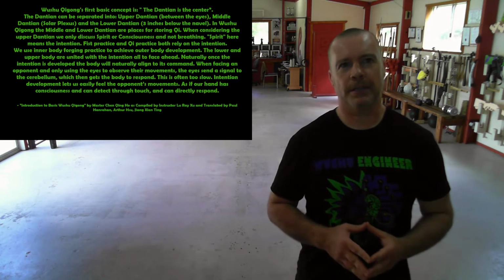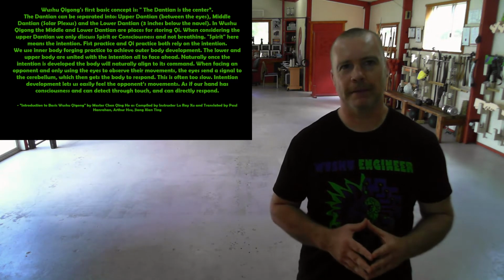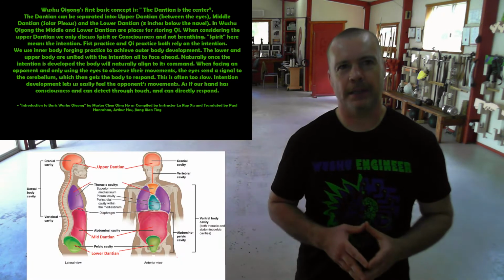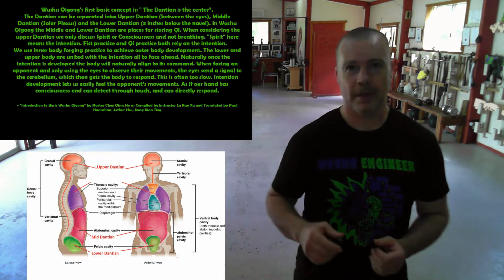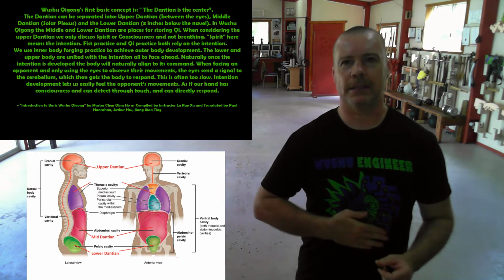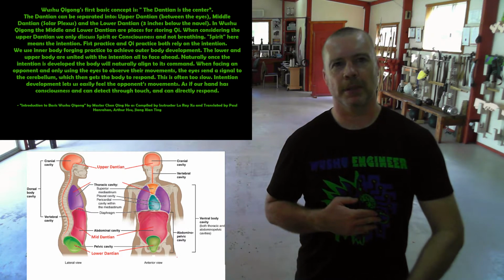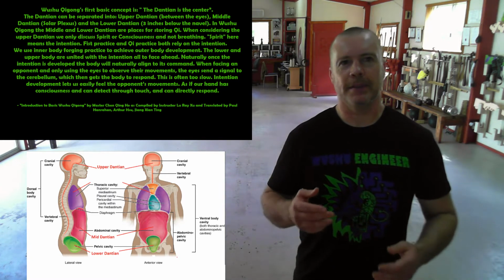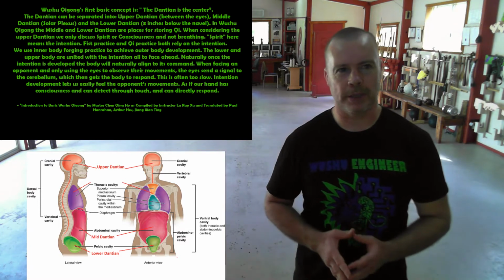So, to get to the quote, Wushu Qigong's first basic concept, and this is Master Chen speaking, is the Dantian is center. The Dantian can be separated into upper Dantian, between the eyes, middle Dantian, solar plexus, and the lower Dantian, which is roughly 3 inches below the navel. In Wushu Qigong, the middle and the lower Dantian are places for storing qi.